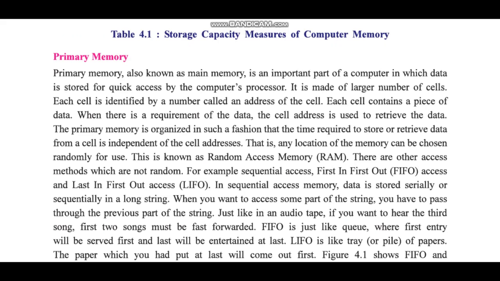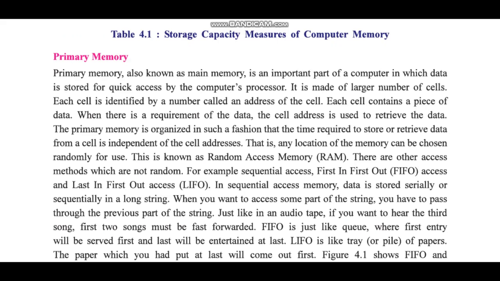It is made of a large number of cells. Each cell is identified by a number called the address of the cell. Each cell contains a piece of data. When there is a requirement of data, the cell address is used to retrieve the data.